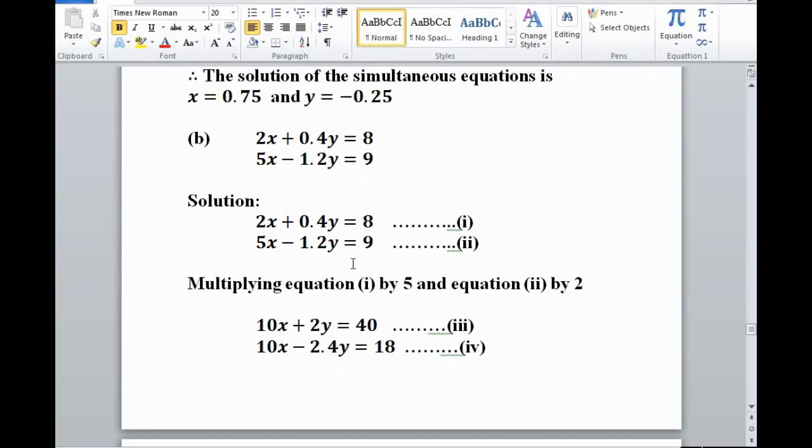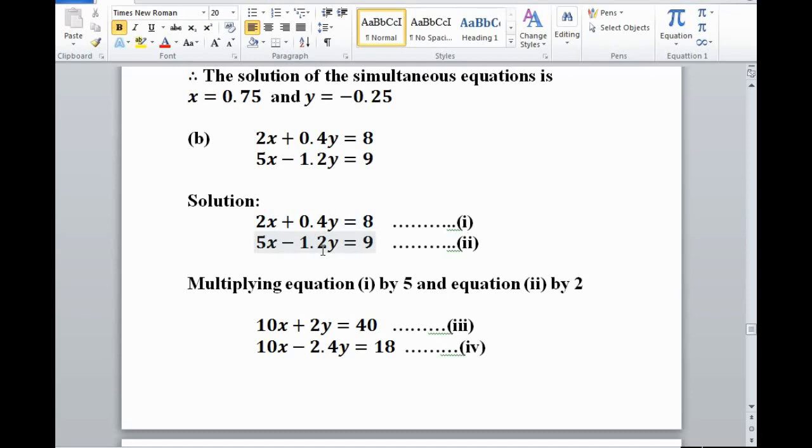And let's see, in equation 1 the coefficient of x is 2, and in equation 2 the coefficient of x is 5. Same as in equation 1 the coefficient of y is 0.4, while in equation 2 the coefficient of y is negative 1.2.